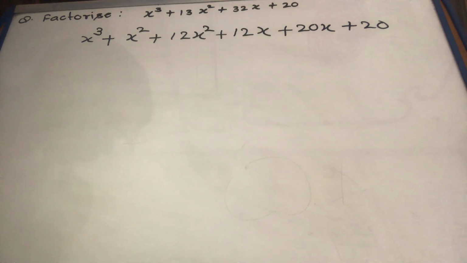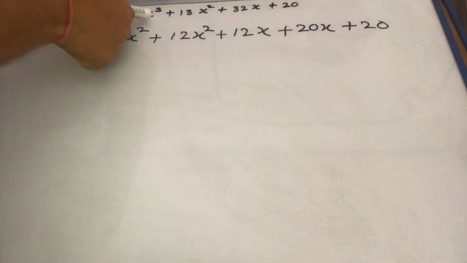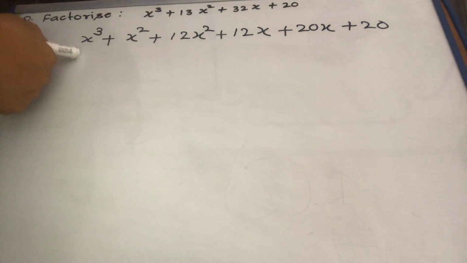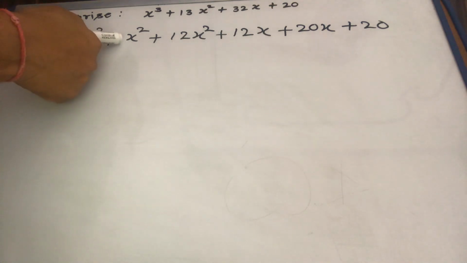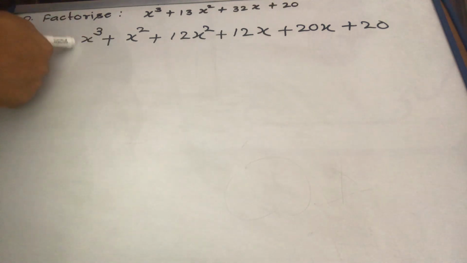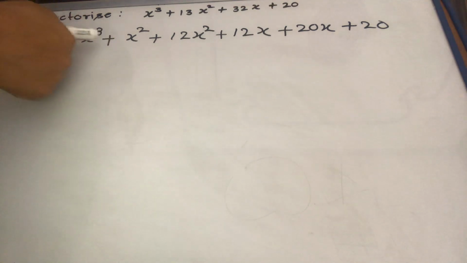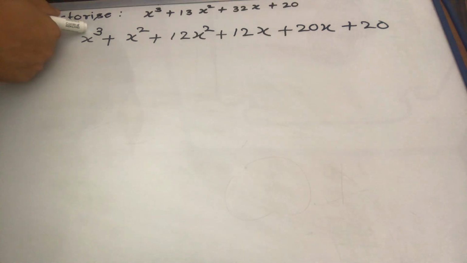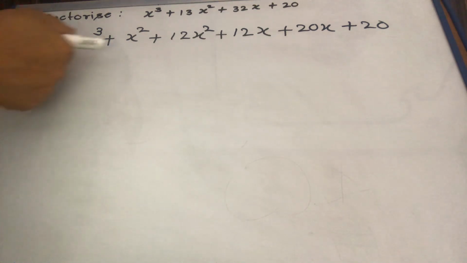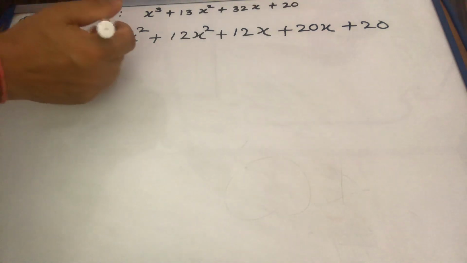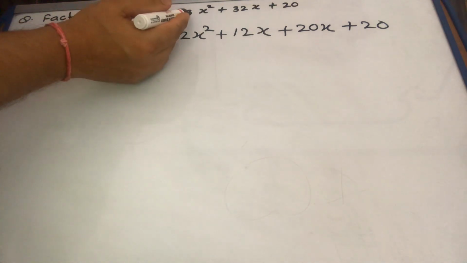Once again I want to tell you. First of all you write the first term same to same. After that observe the coefficient of the first term. The coefficient is 1, so you write the same coefficient with a variable of degree less than the first term, so this is x square. After that you observe the second term.